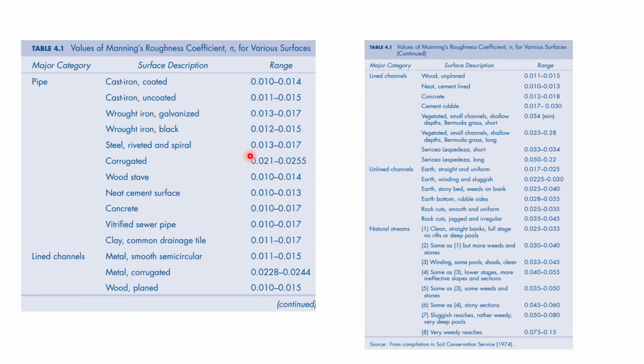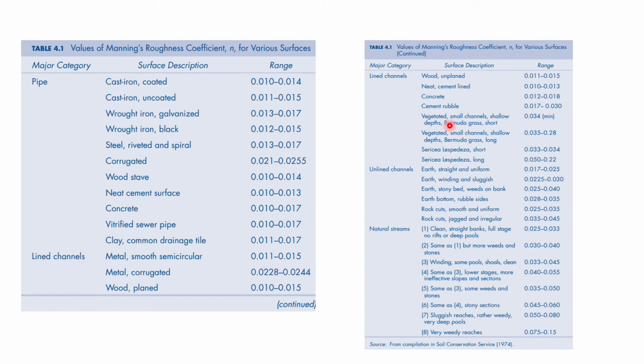So these are the values of n. We don't have to determine n ourselves. We can just use it from the table. For example, if you have pipes with different surface materials like neat cement, concrete, or sewer pipe, these are the values of n. If you have lined channels, these are the values.